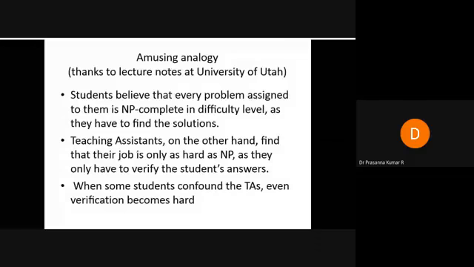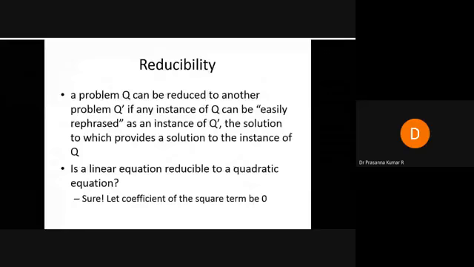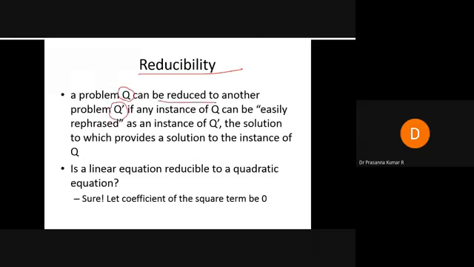Before going to our discussion on the last two, which are NP-hard and NP-complete, it is important to know the concept of reduction or reducibility. Let's consider one problem Q that can be reduced to another problem Q dash.